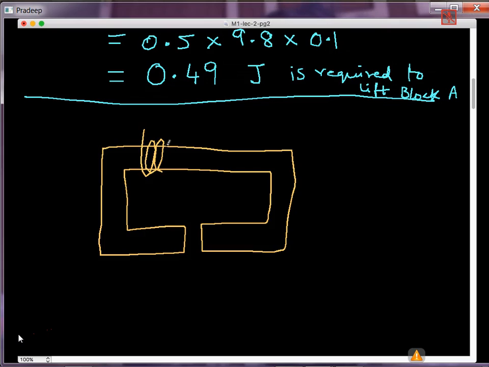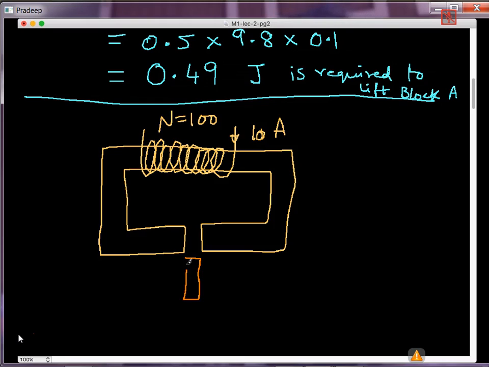And then I have N equal to 100 and the current of 10 amperes is flowing in this. So this is block A. So if block A moves up, air gap is closed.